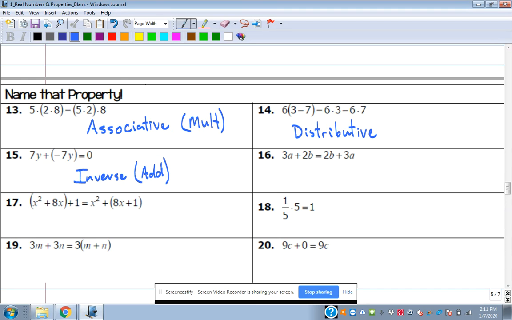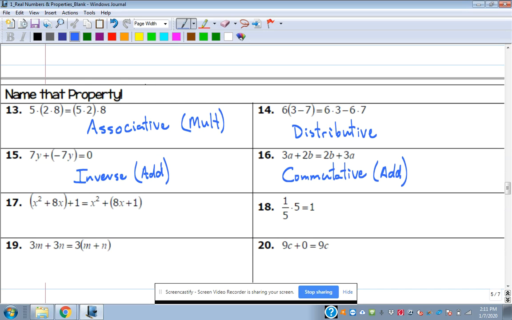16. Commutative. And then it's of addition because it's plus signs between there. So you need to learn to spell these because you're going to have to write them out on the quiz and stuff. So that's some interesting ways of trying to spell them.